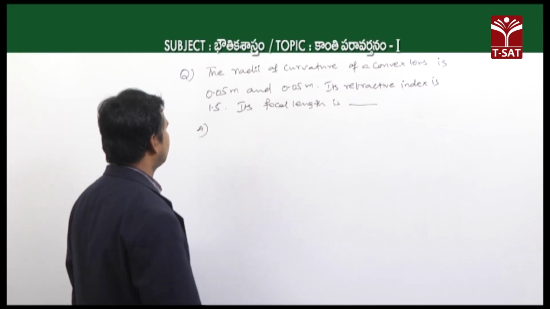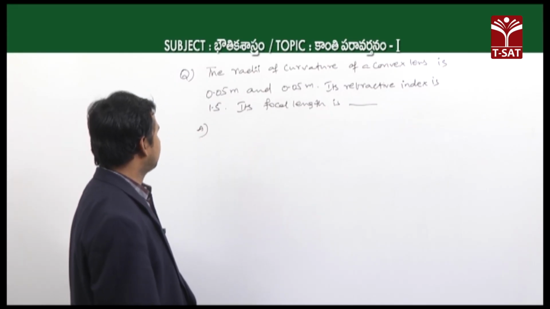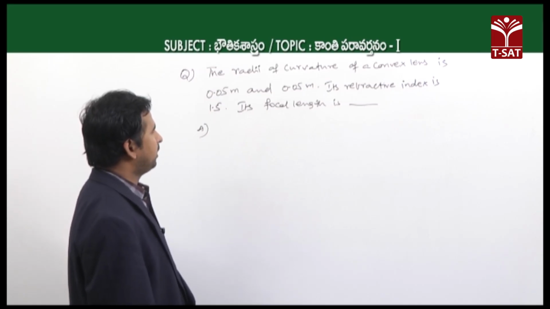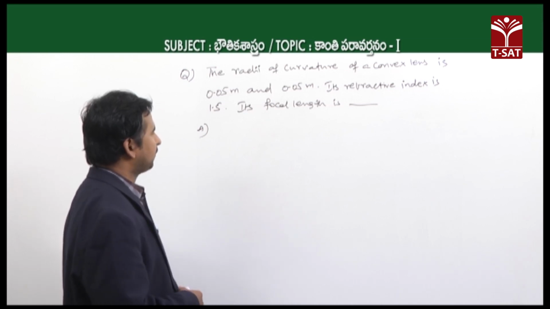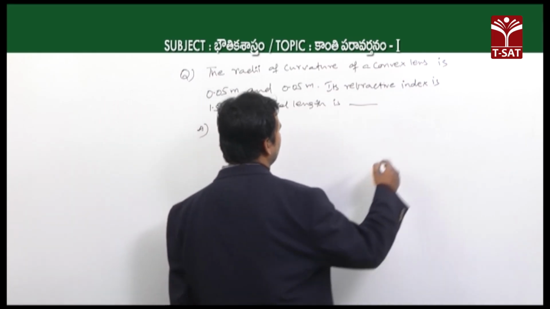Here we have one more question. The radius of curvature of a convex lens is 0.05 meters and the other one is also 0.05 meters, and its refractive index is given as 1.5, and we have to find its focal length here. This is about a double convex lens.